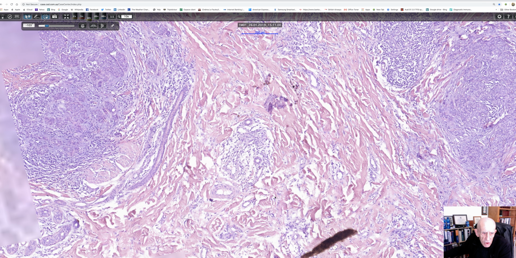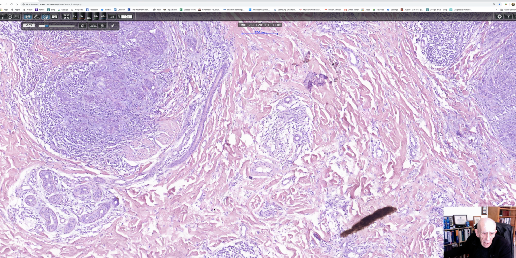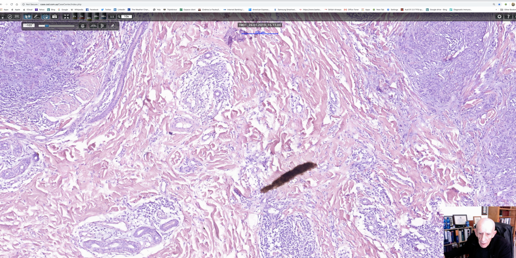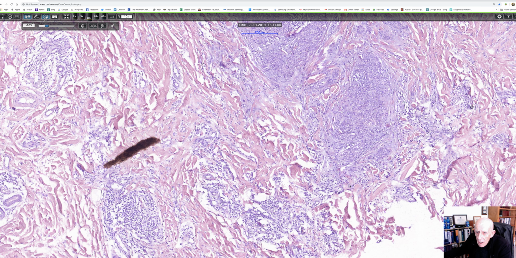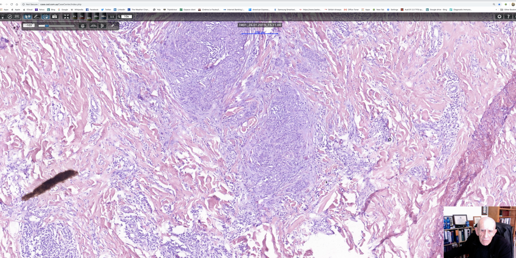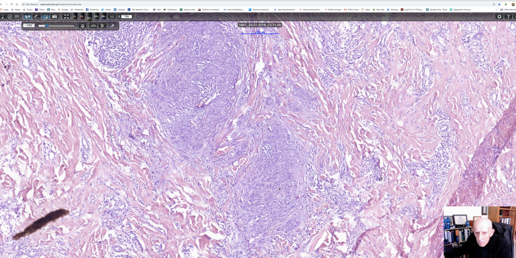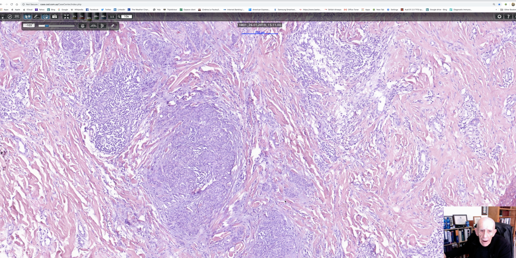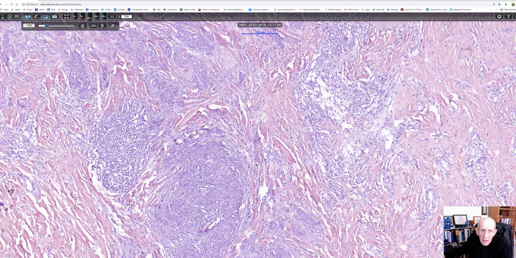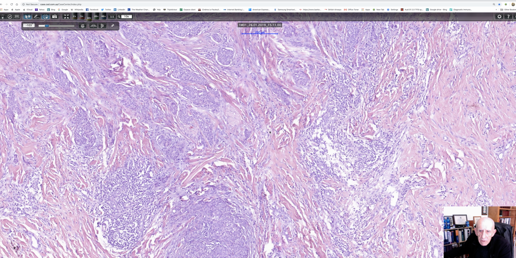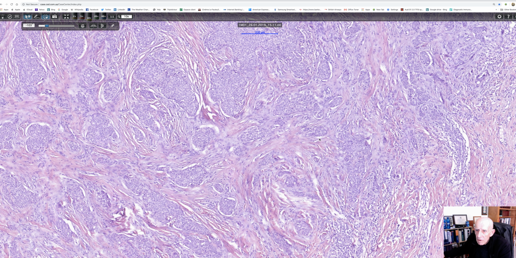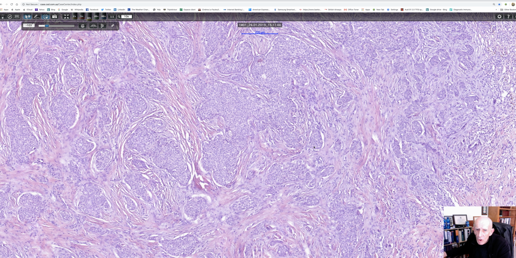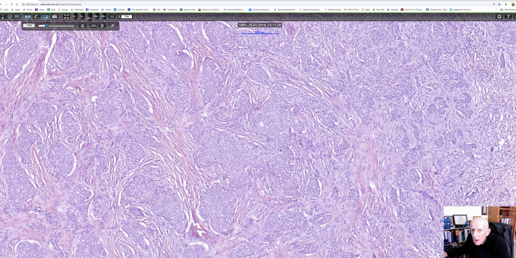Porocarcinoma is a high-grade tumor. It has a recurrence rate, I'm going to estimate, of around 20%, and it probably affects lymph nodes in maybe 15% of cases. And I think disseminated systemic disease occurs in maybe 10 or 12% of cases, so it can kill you.